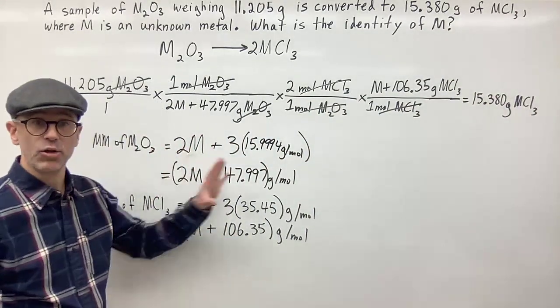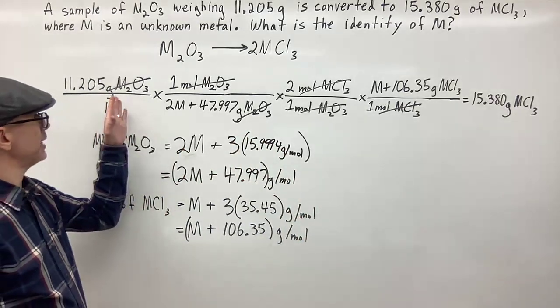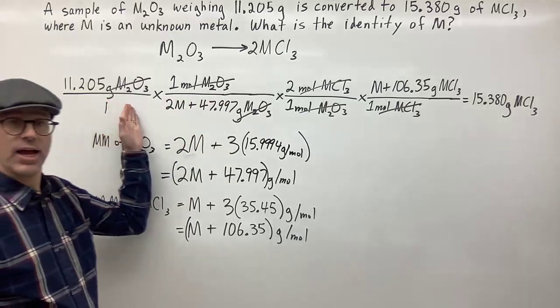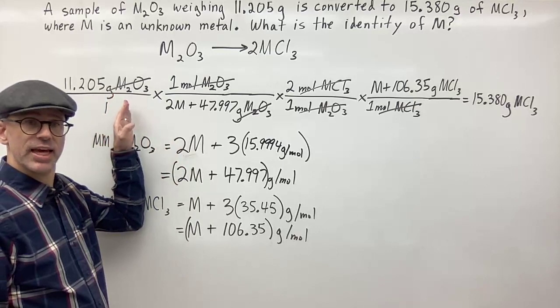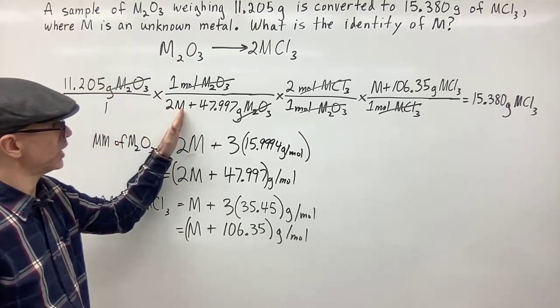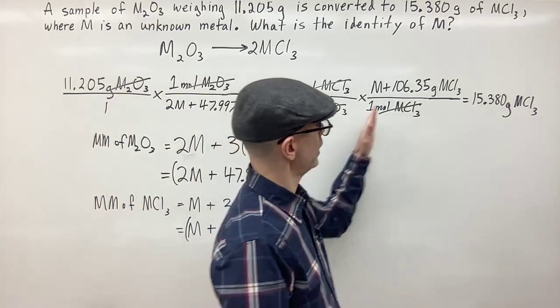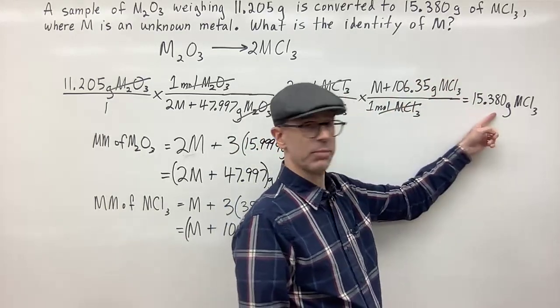So I hope you follow along with me so far. Now I have set up an equation where all I've done is take the mass of the M2O3 that I was given, and set up the conversion factors I would need to convert it to grams of MCl3, which is what they gave me.